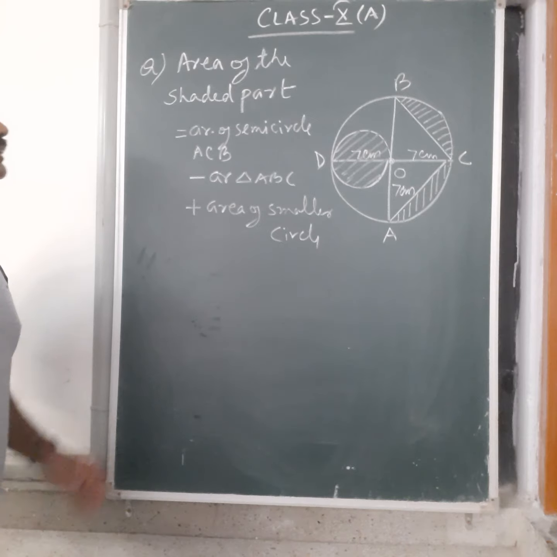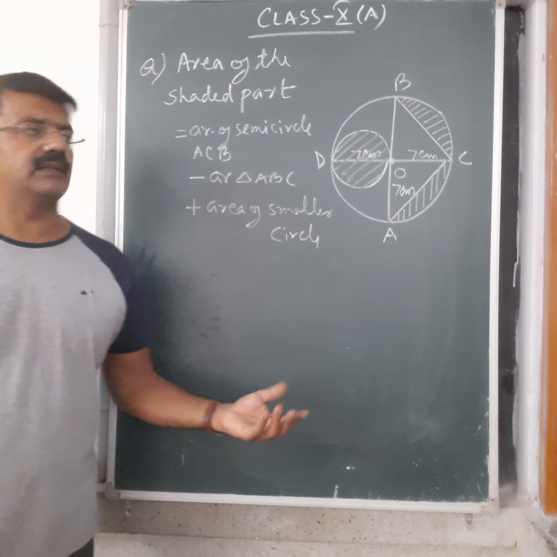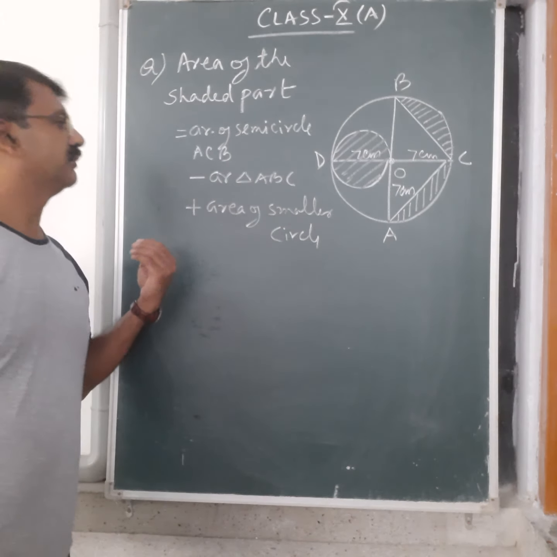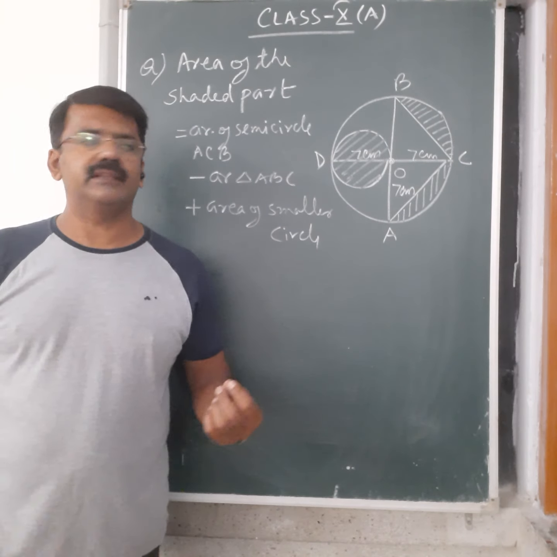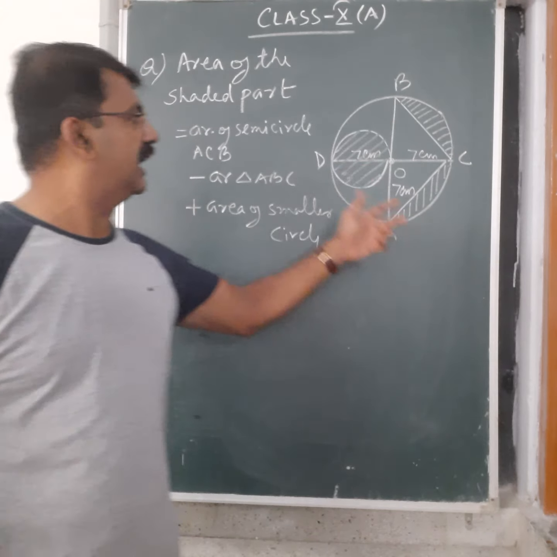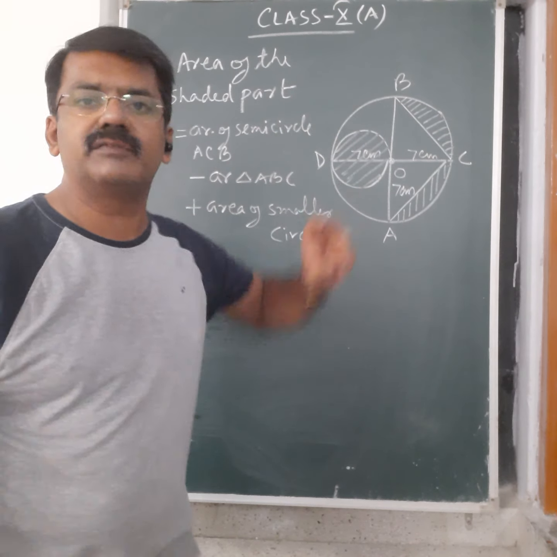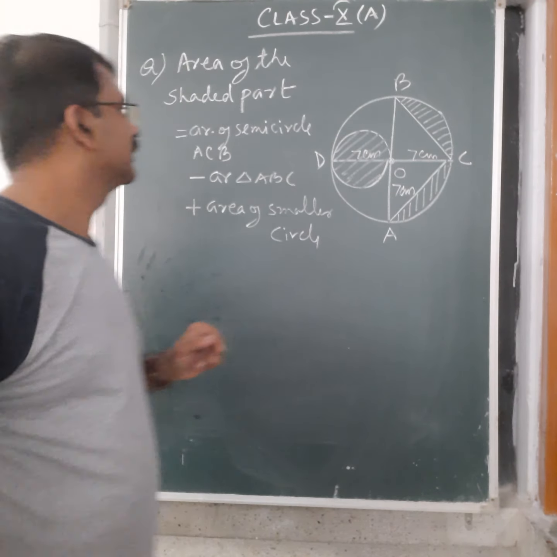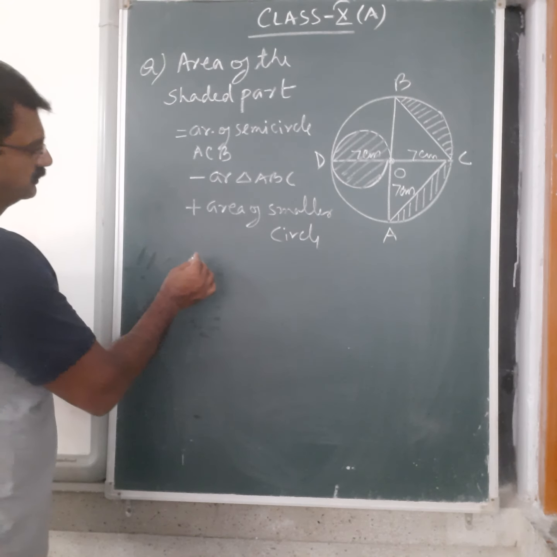Okay. So, from the area of the semicircle, you subtract the area of triangle, then you will get the area of this shaded part, and in that area, you add the area of this smaller circle. Okay? So, now what do we do?